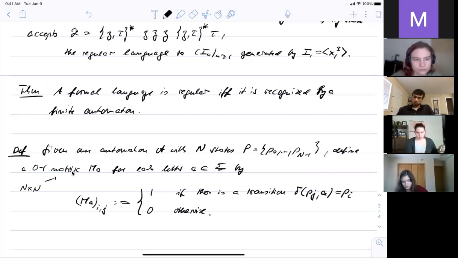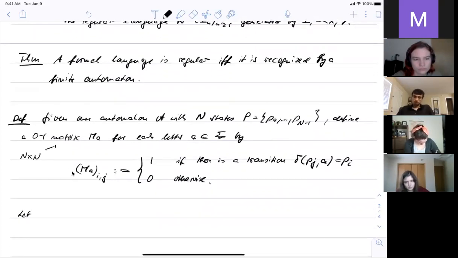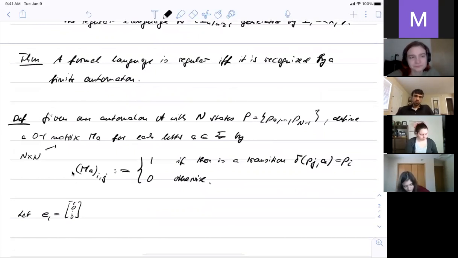So this is an n by n matrix. In k to the n, let's use E1 up to En to denote the canonical standard basis. So E1 is just 1, 0, 0, 0 in k to the n.